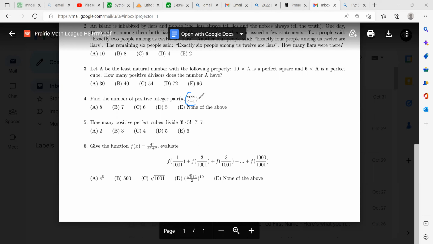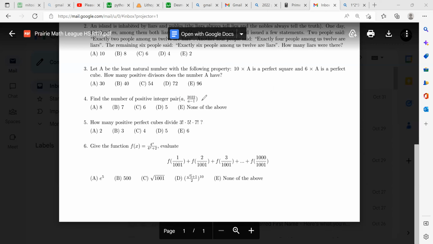The real restriction is making sure that this is an integer. For example, if a is 20, then 2022 is not divisible by 20 minus 1. So usually a minus 1 does not divide 2022. There are only a few exceptions to this rule.